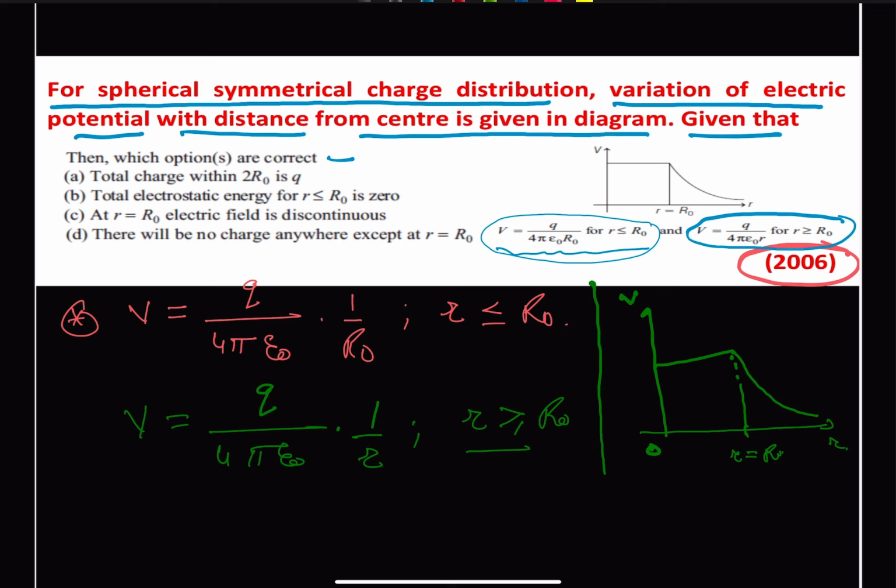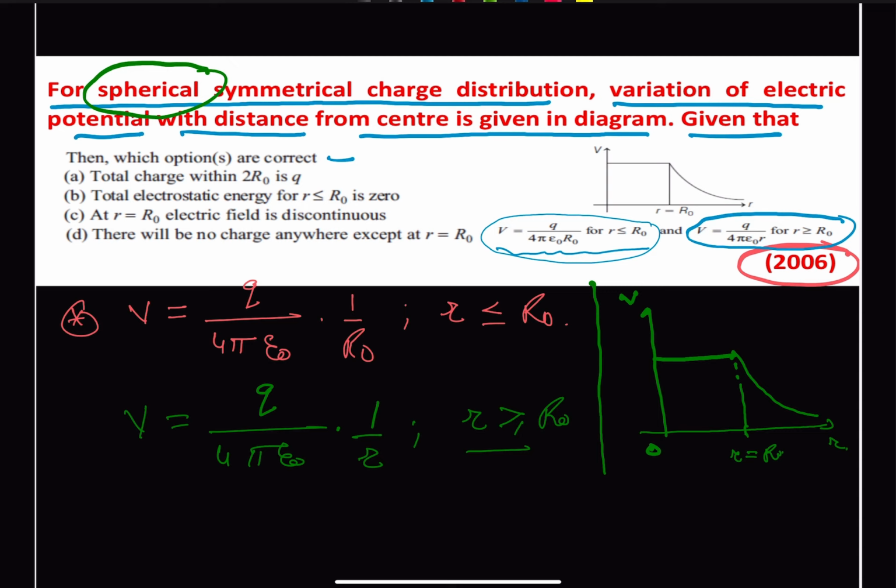This decrease is not mentioned, but from here we can draw one important conclusion: this R naught is the representation of the radius of that spherical conductor, whatever it is. It is only given that it is a spherical symmetrical charge distribution, so it must be considered a sphere, and the potential inside the sphere is constant, and after that it is going to decrease quite rapidly.